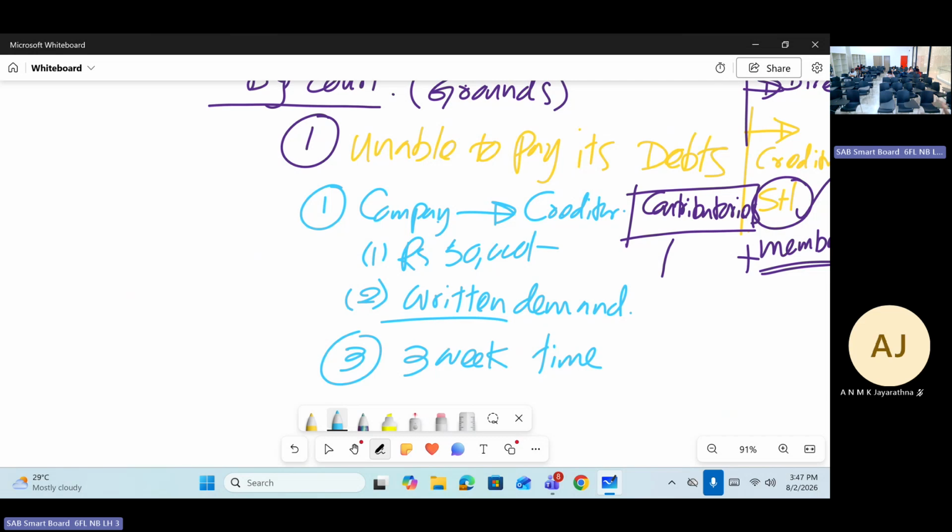Then what is the next step in order to recover the money? The creditor makes an application to court to liquidate the company. Under the liquidation process, the creditor can recover this money. How can it be recovered?